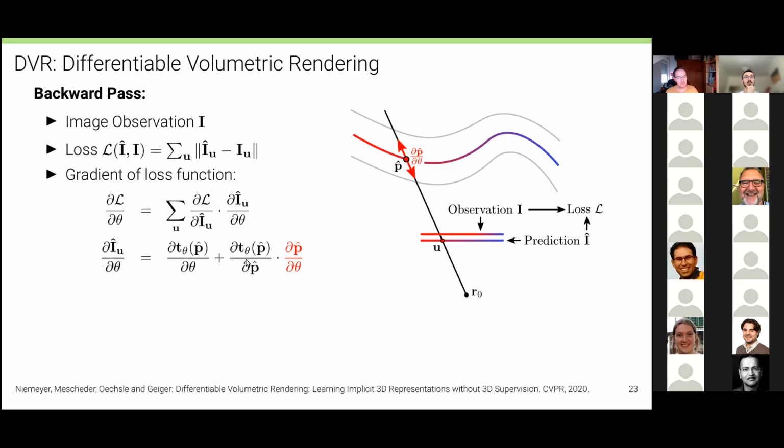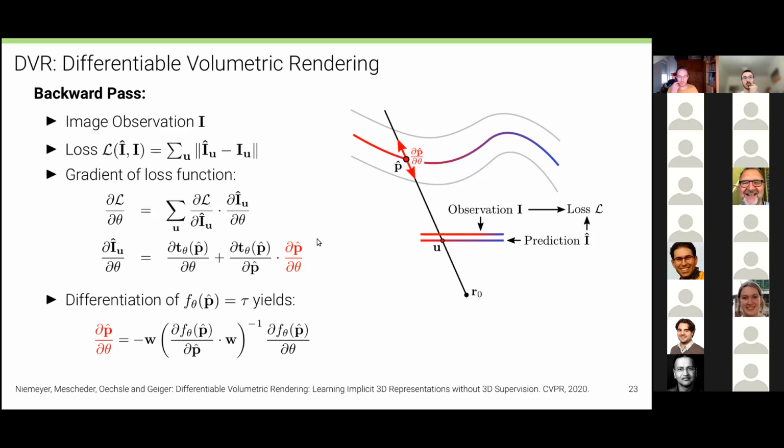Now the first two terms here in black are easy to compute. This is just a neural network, so we can use standard backprop to get these gradients. But how can we get this term on the right, which is the derivative of the surface intersection point with respect to the parameters theta? What we can do here is use implicit differentiation of the level set constraint.